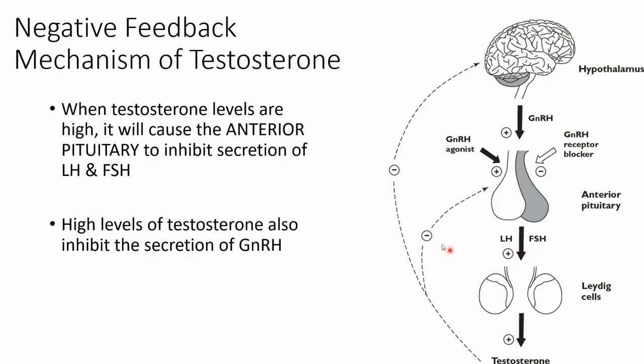Now, it's also going to inhibit gonadotropin releasing hormone from going from the hypothalamus, telling the anterior pituitary to secrete this. So you kind of have 2 mechanisms here involved, 2 negative feedback loops preventing luteinizing hormone and follicle stimulating hormone from being secreted.